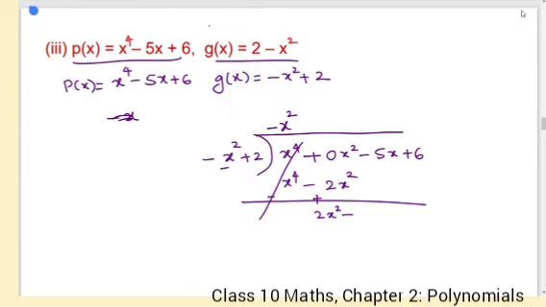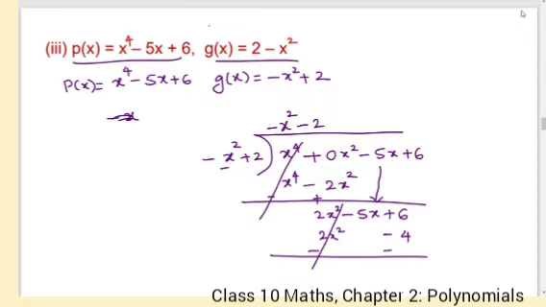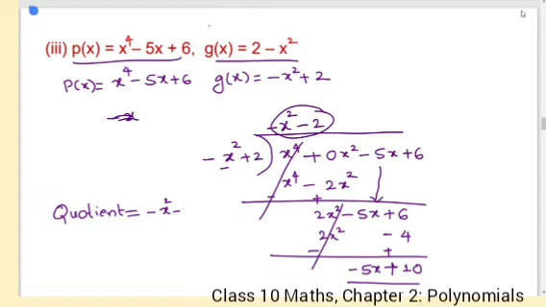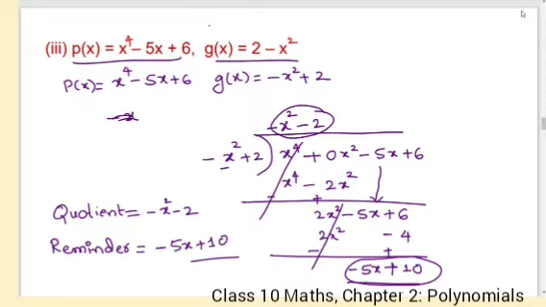Sign changes, this cancels, 2x square remaining and other terms are minus 5x plus 6. Now multiply it with minus 2, you get minus 2x square minus 4, this gets cancelled, minus 5x plus 10 is remaining. Here quotient is minus x square minus 2 and remainder is minus 5x plus 10.